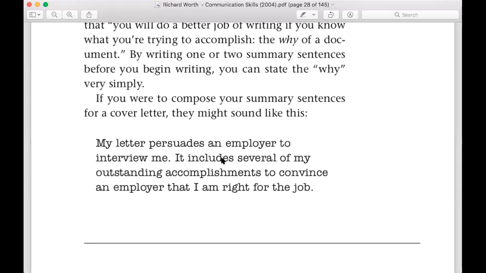Now, there are two kinds of cover letters. One is the cover letter that is the targeted one. By that I mean that if you have seen a job somewhere, if you know that there is a vacancy, okay, you can get to know about this by many means.